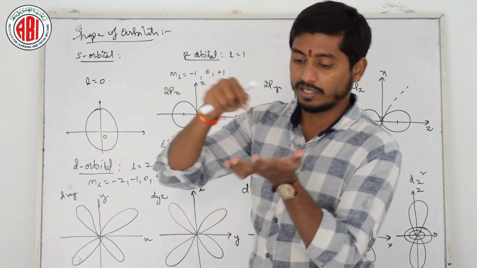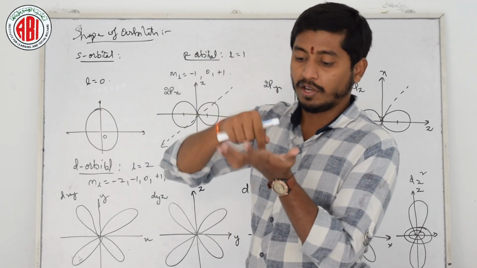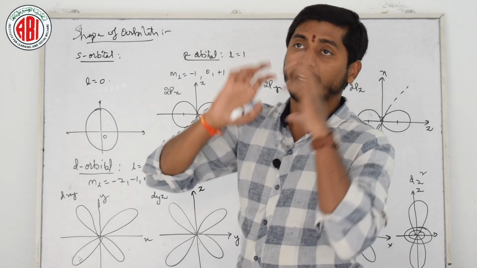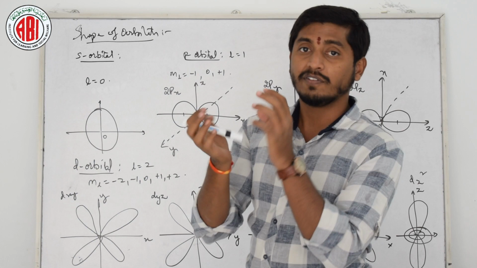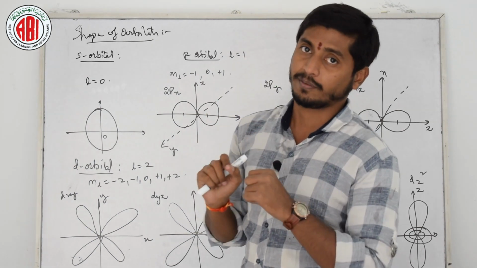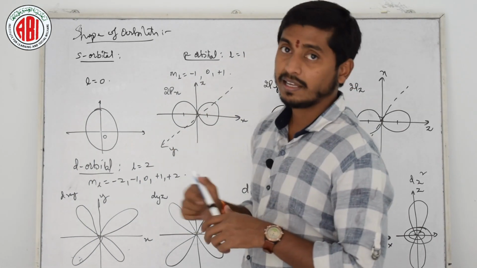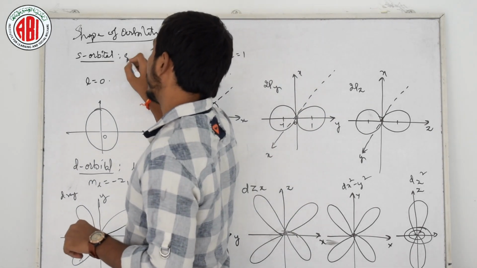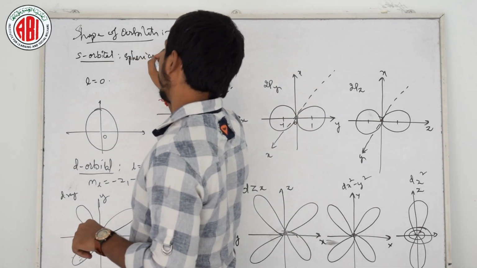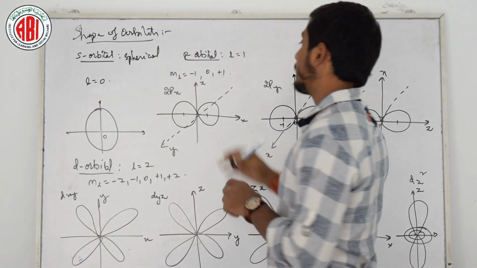That is, if my origin is at the center, then it can have a spherical shape in which we can find the electron. Is it clear? This is how we can define the shape of an s orbital: it is spherical.